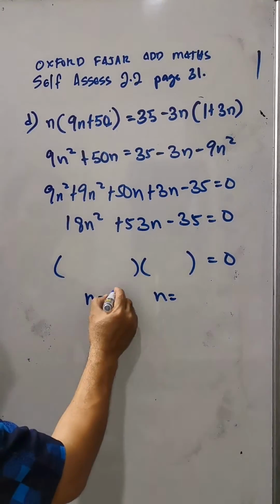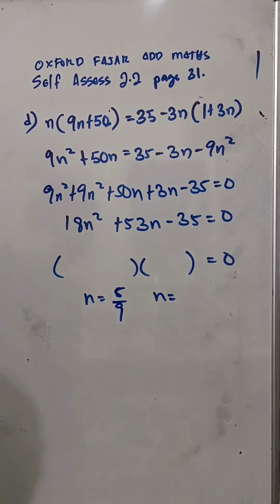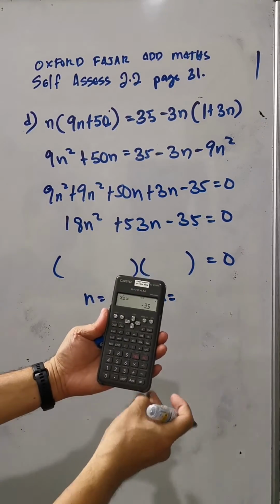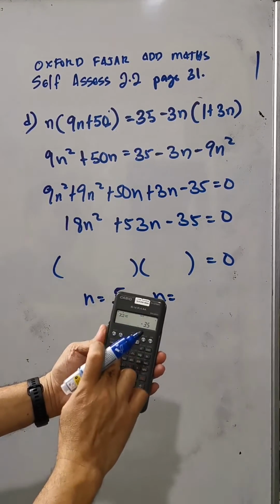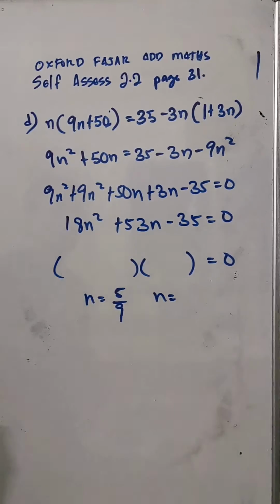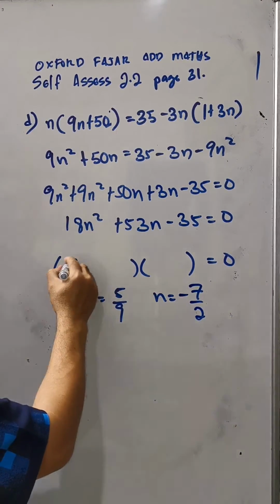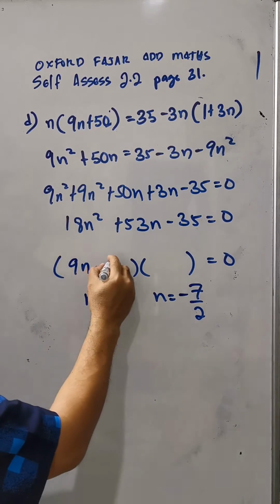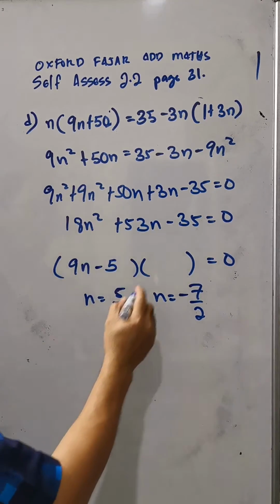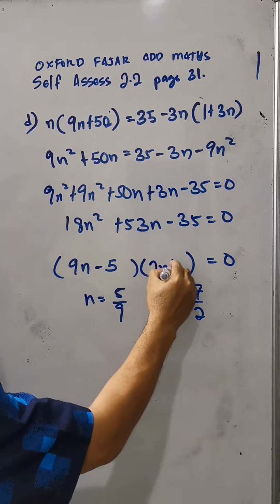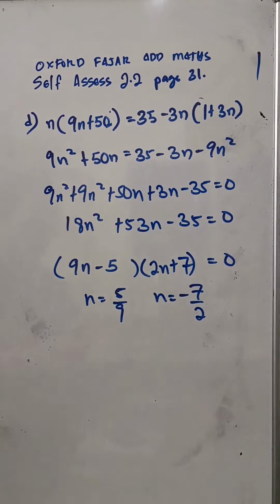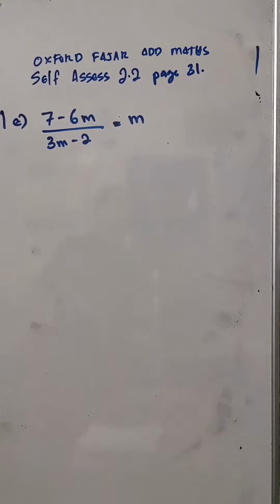That is the first value, 5/9, and the second value, using shift ABC also, is negative 7/2. So here will be 9n minus 5 and 2n plus 7. Okay, that's all for question 1D.